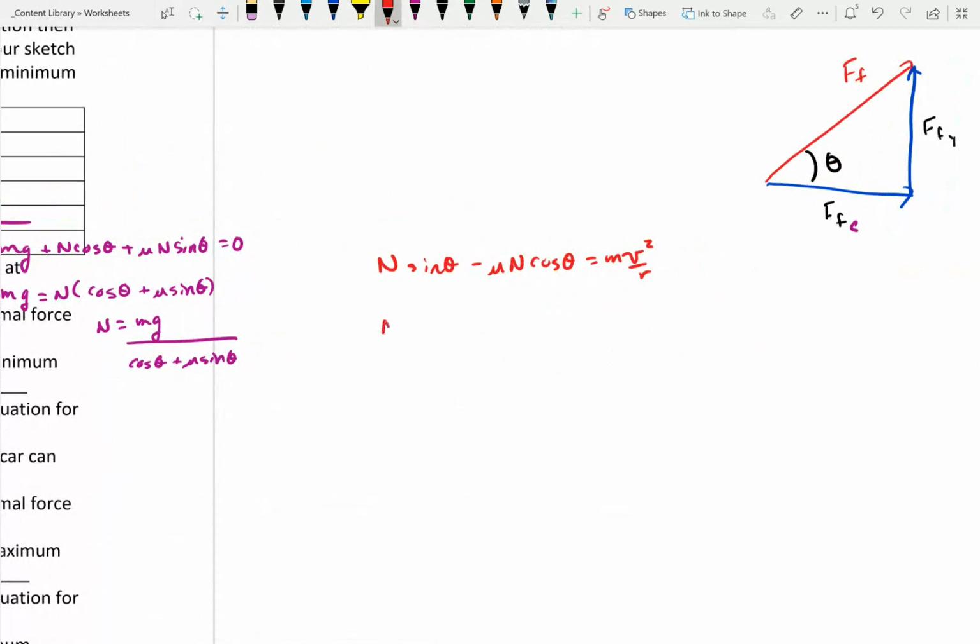Then I just factor out the n. Now I'm going to substitute for n what we just found. So I'm substituting for n.